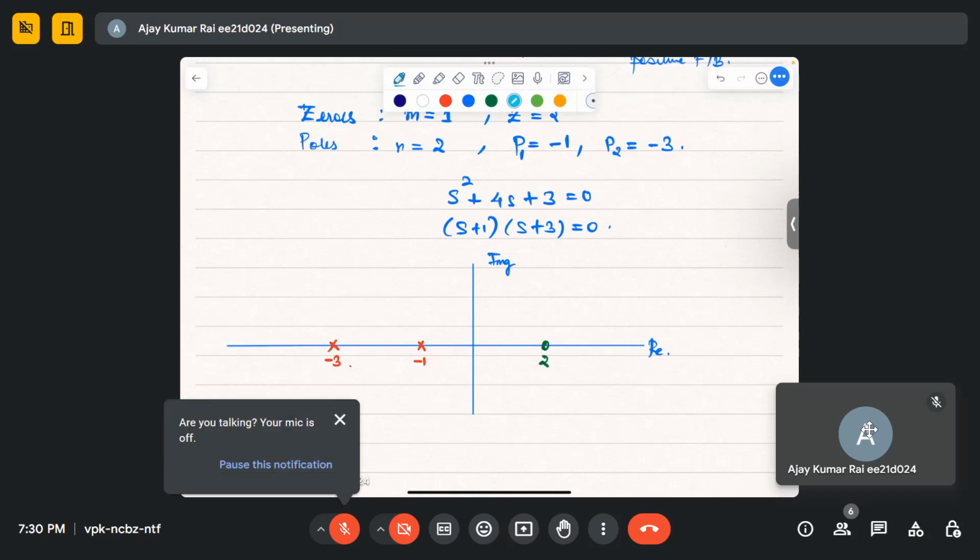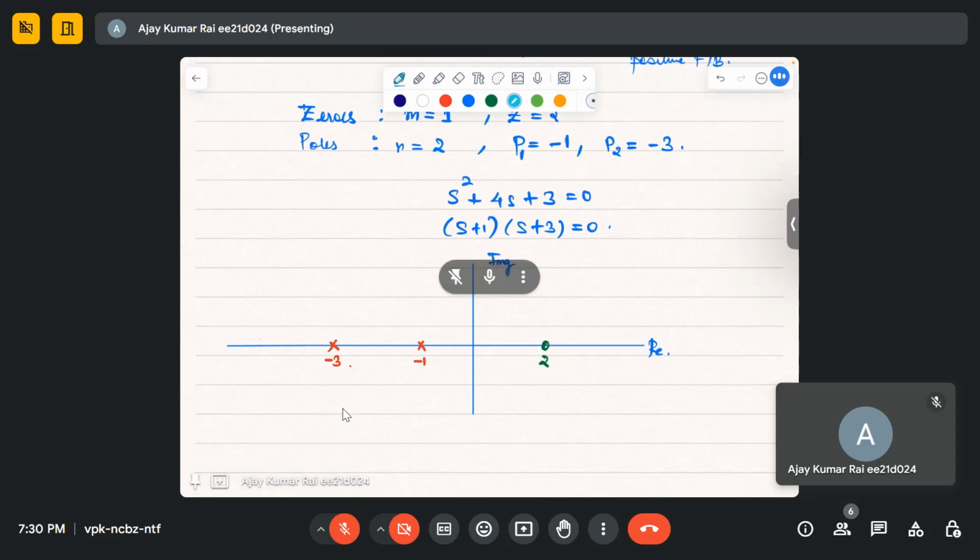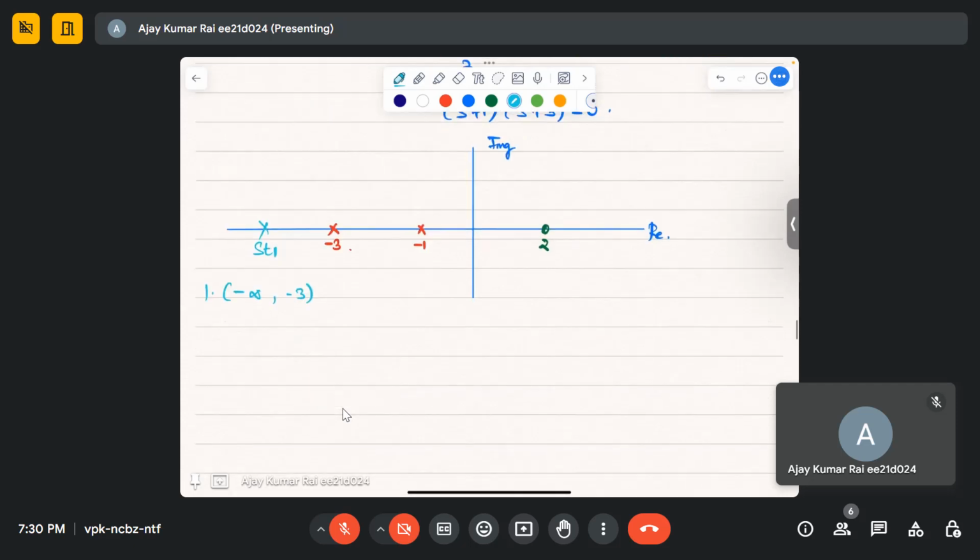So let me check with ST1 here. You can see there are 3 open loop poles and zeros here. So let me first demarcate the regions: -infinity to -3, second is -3 to -1, third is -1 to 2, and fourth region is 2 to infinity.